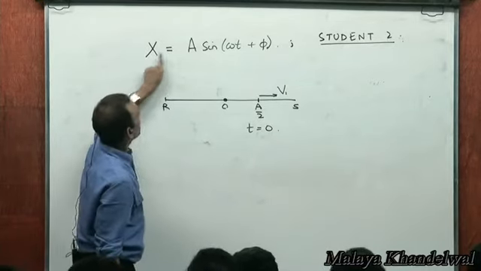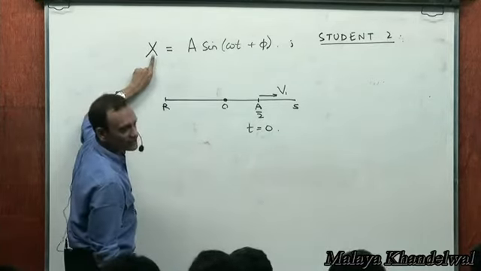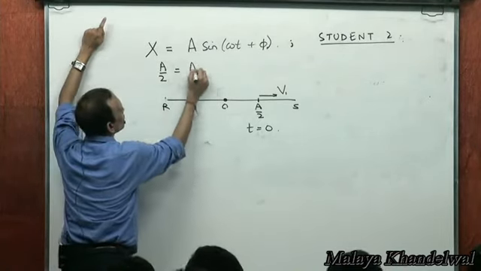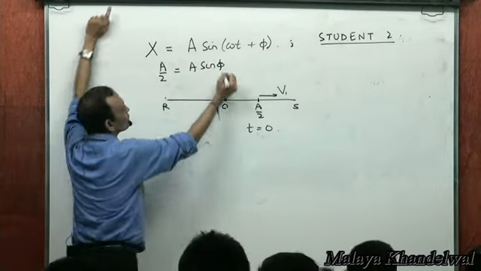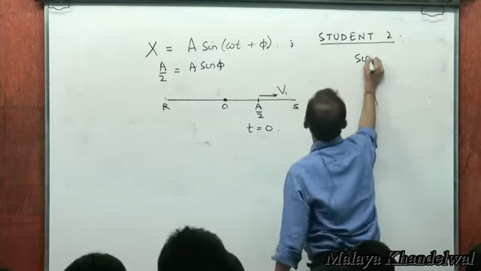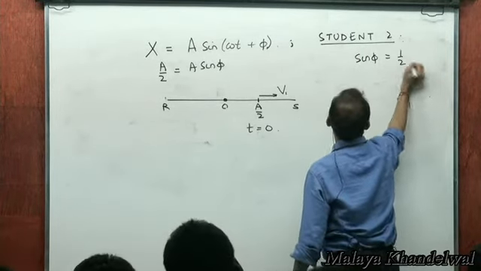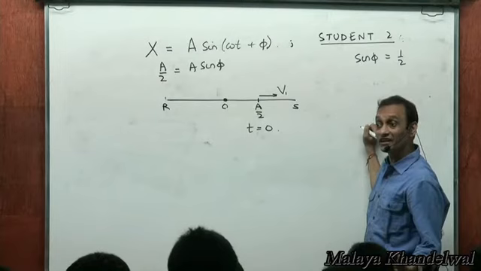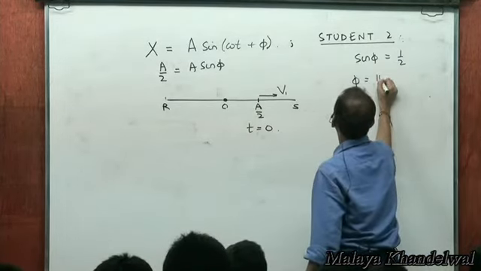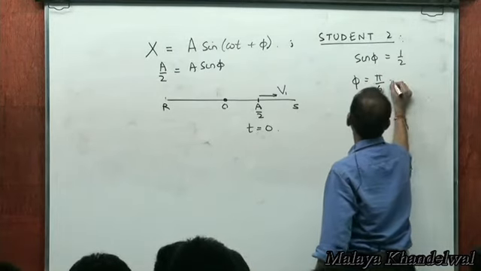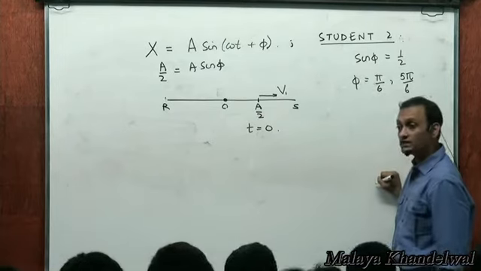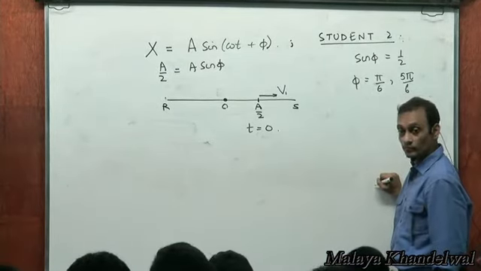So he says, all right, at t equal to 0, let me plug in x equal to a by 2. That leads to sine phi equal to half. Phi could have been 30 degrees or 150 degrees, right?